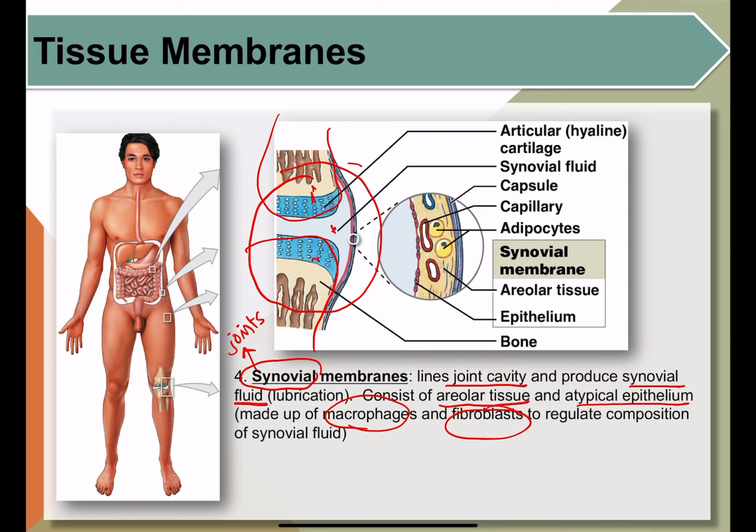So that's the synovial membrane right here that encloses the synovial fluid, and it must be very much regulated, because if a pathogen was to get into that area and cause an infection, then you have a joint infection, and we don't want that. That will be very painful, and that's why there are macrophages within that area to make sure that the synovial fluid would not get infected.